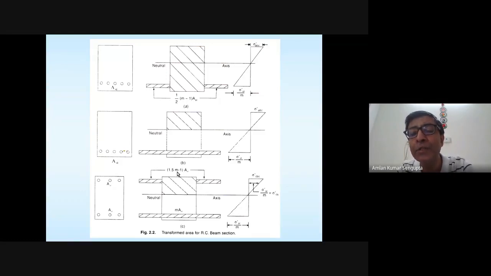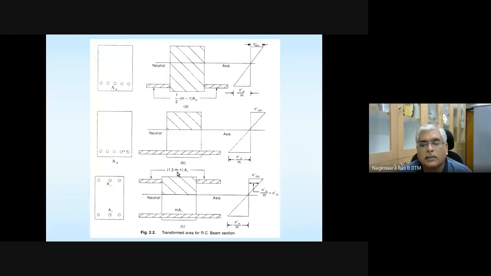And hence, to take care of this increase in the modular ratio due to creep, the 1.5 factor has been placed. This is for long-term loading, when concrete gradually deforms more than what it deforms if you load instantaneously.